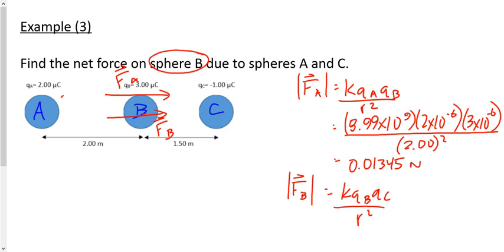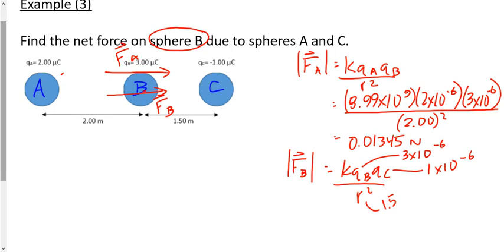QC is 1 times 10 to the minus 6. And the distance is 1.5. And we solve for that one. And that one works out to be, I believe, 0.01198 newtons. Is that right?